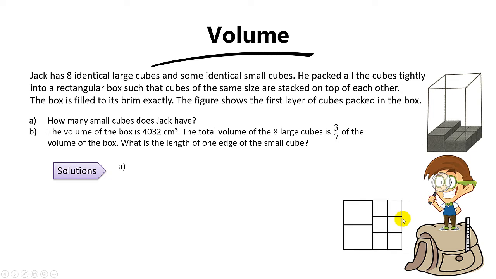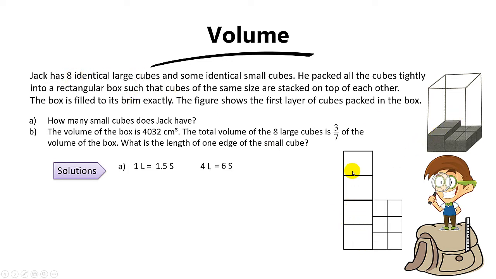Alright, so now you got to ask yourself, each row of large cubes contains 2. Can you see 1 and 2? So imagine now we are looking at the front view. If you have 8 large cubes, in total you have 4 rows: 1, 2, 3, 4. That's because 4 times 2 gives you 8 large cubes.